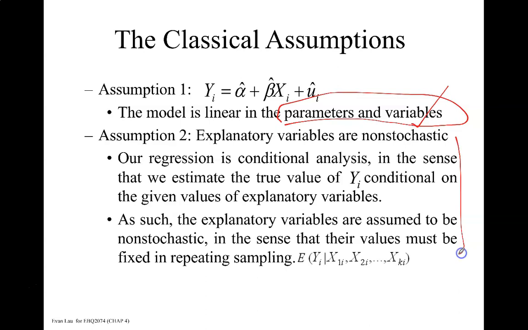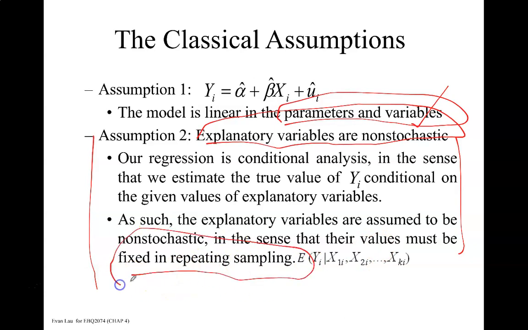The second assumption means that the explanatory variable, or the independent variable, should be non-stochastic. We know the word stochastic means random, so non-stochastic means not random. The explanatory variables are assumed to be non-stochastic in the sense that their values must be fixed in repeated sampling. When we say fixed, it's not about the same value.